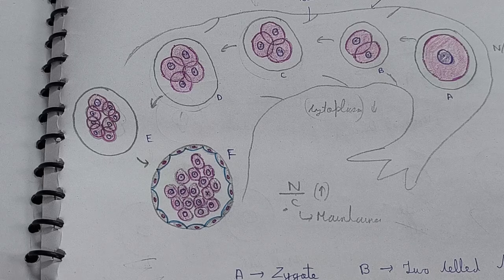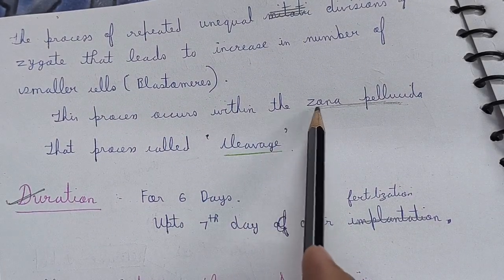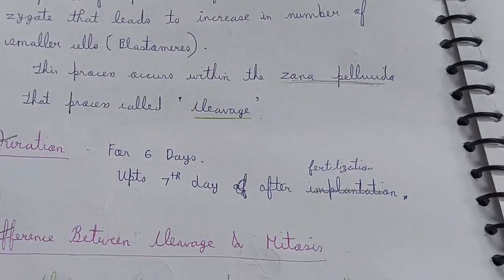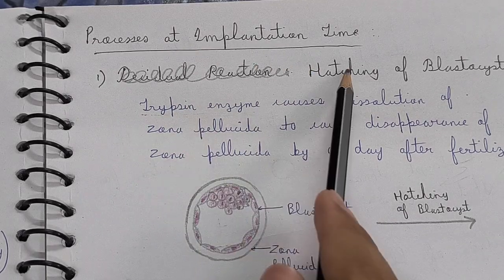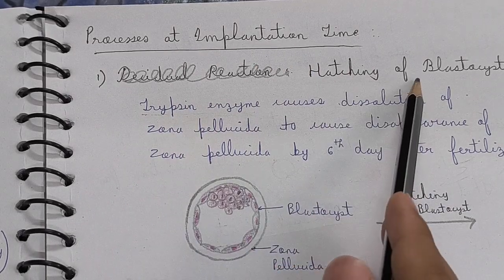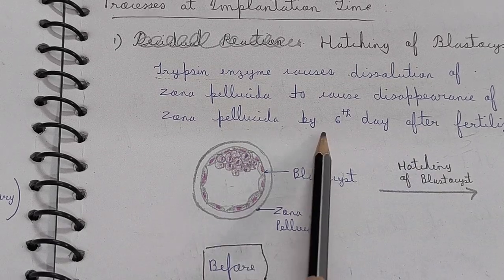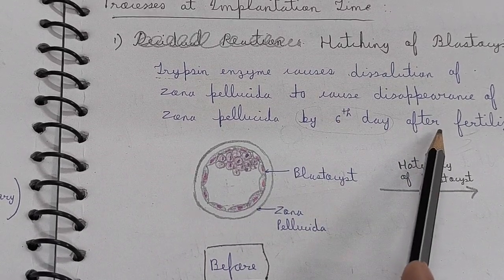You also know that this cleavage process occurs within the zona pellucida. In the previous lecture I mentioned that just before or at the time of implantation, hatching of the blastocyst occurs, that means disappearance of the zona pellucida, and it disappears by the 6th day after fertilization.